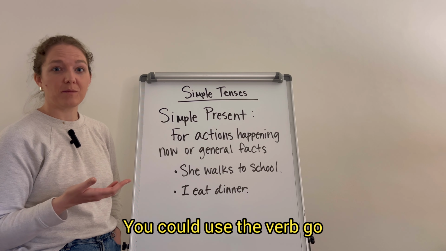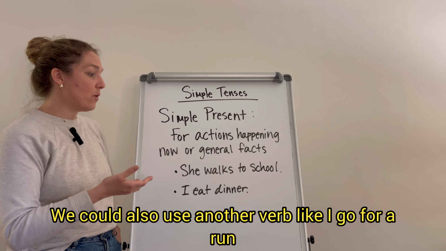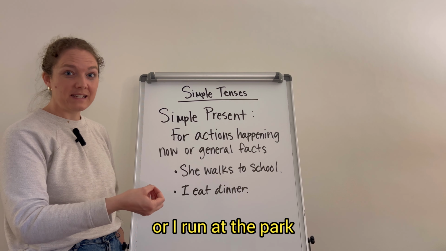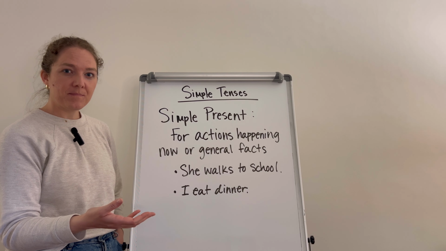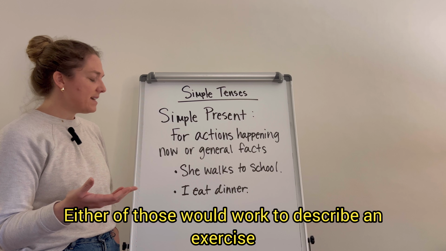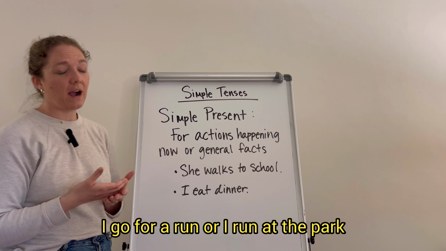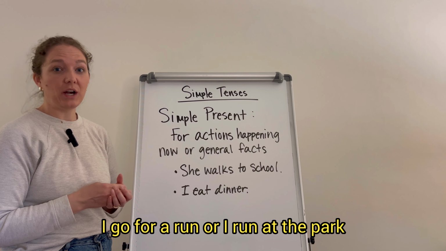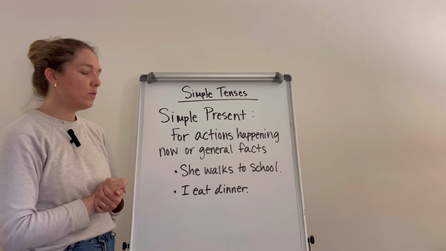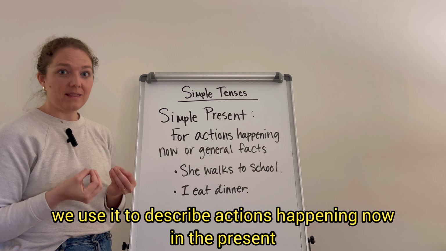We could use the verb go. We could also use another verb like I go for a run or I run at the park. Either of those would work to describe an exercise that you would do. So when we use the simple present, we use it to describe actions happening now in the present.